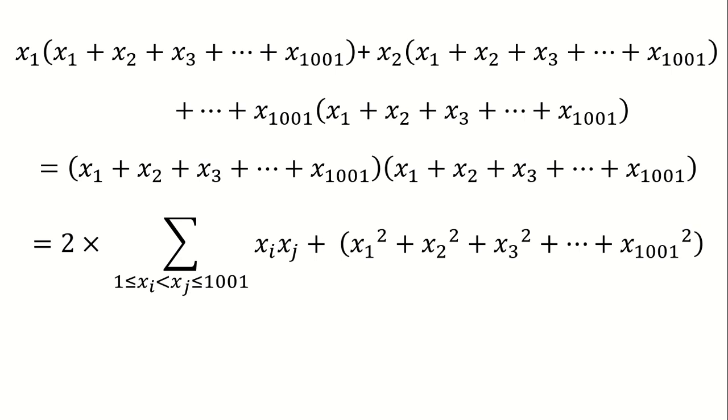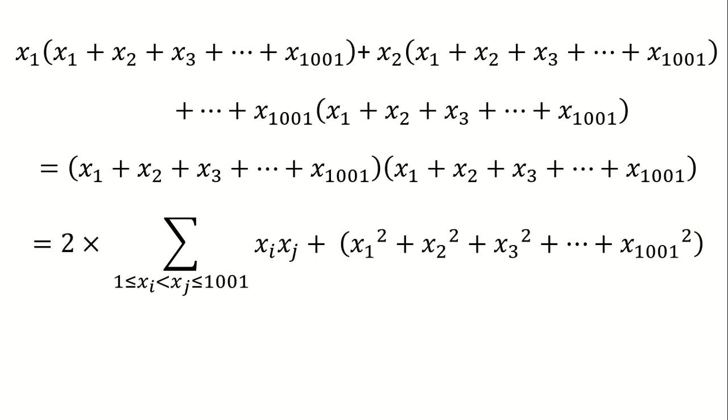And as I said, this is equal to 2A, which is 2 times sigma xi xj in this situation, plus x1 to the power of 2 plus x2 to the power of 2 plus x3 to the power of 2, etc. plus x1001 to the power of 2. Because these terms are multiplied by themselves.